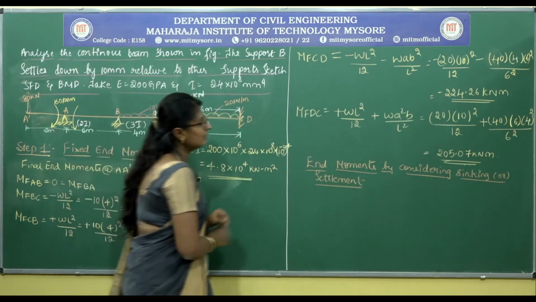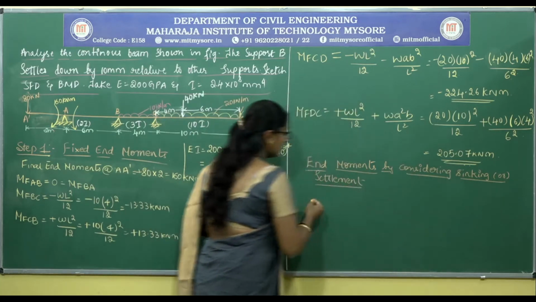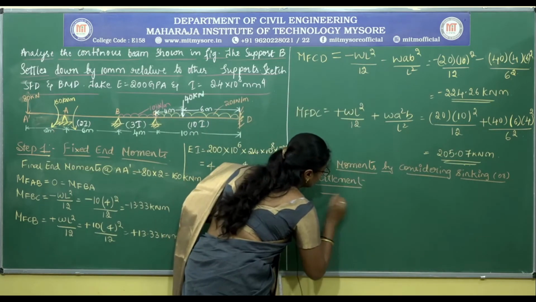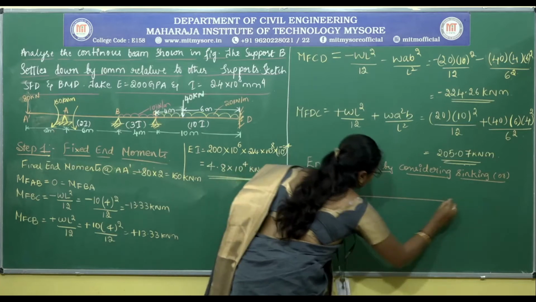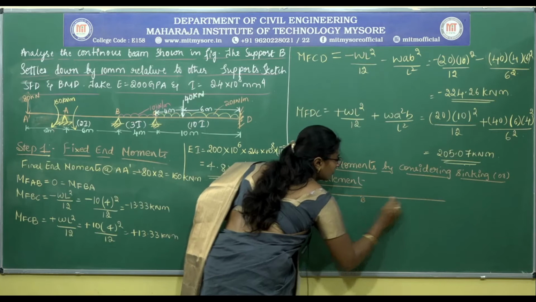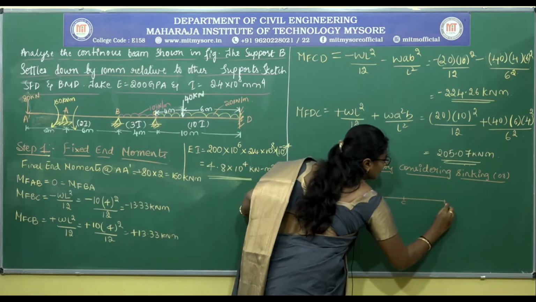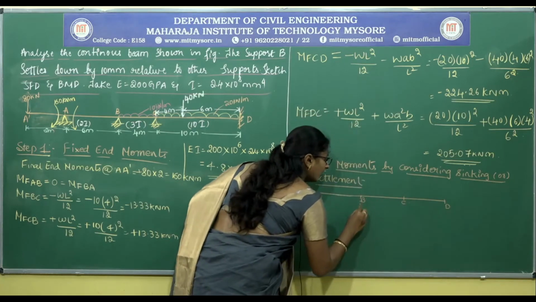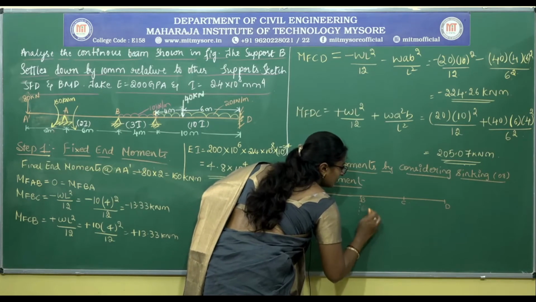So to calculate the end moments by considering sinking, we have this joint which gets sinking by 10 mm.